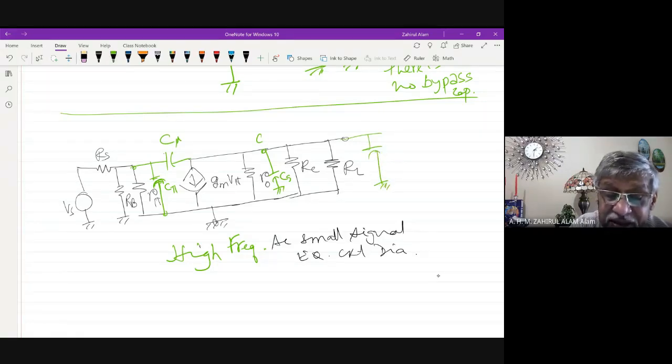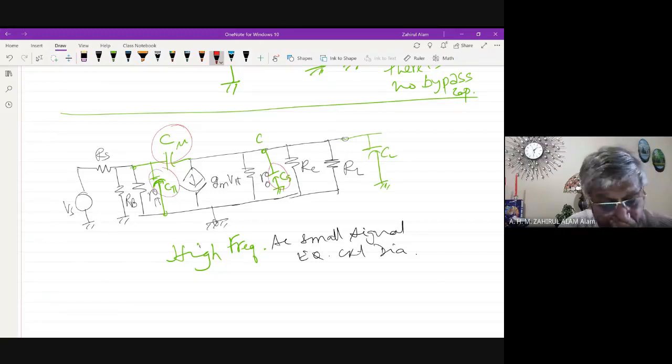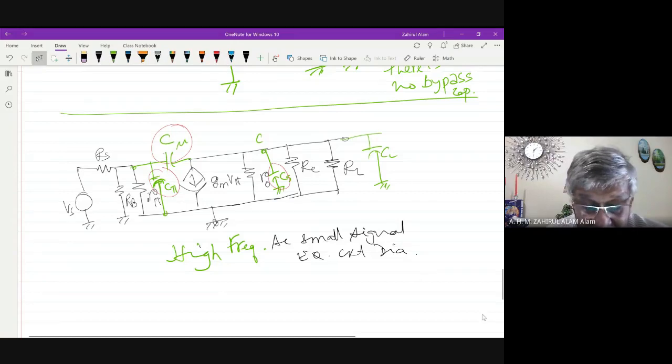These three capacitances are the transistor internal capacitances. Okay, I will stop and open my PowerPoint slide to show all these capacitances.